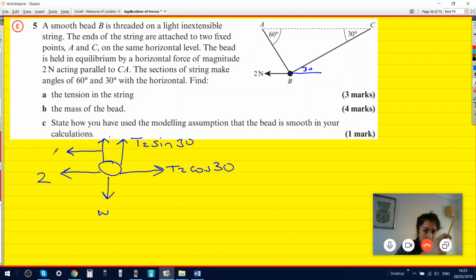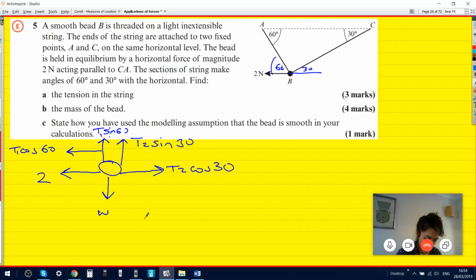That one going up? Yeah, that's T cos. I think that's T sine 60. Why? So this angle here is also 60? Right. Oh yeah, that makes sense. So T sine 60 and T cos 60.